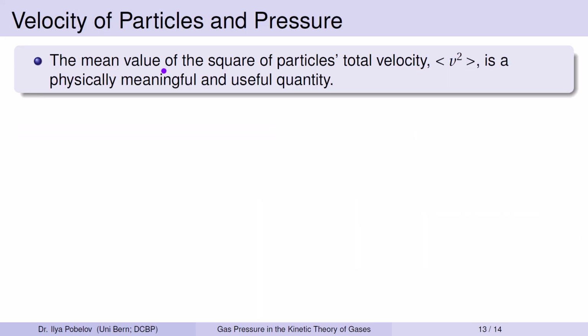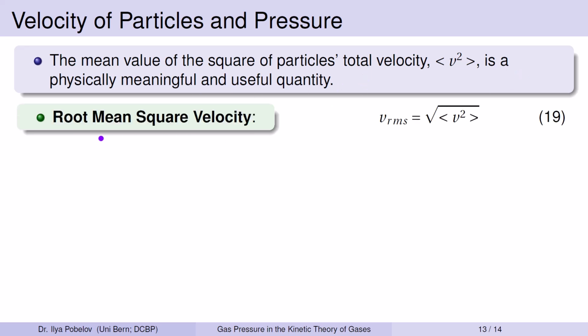The mean value of the square of the particle's total velocity is a physically meaningful and useful quantity. We define a new quantity characterizing it, the root mean square velocity VRMS, which is the square root of the mean of the squares of the particle's velocities.